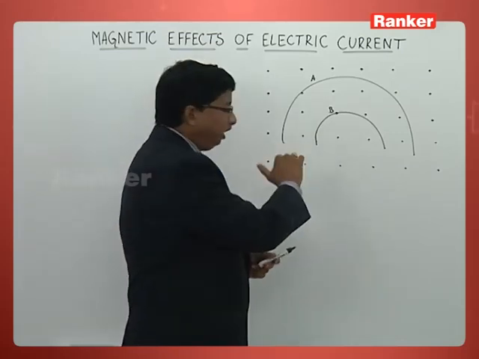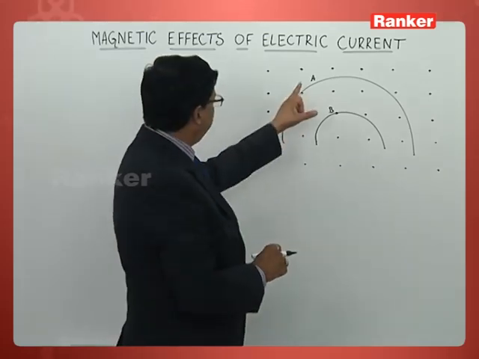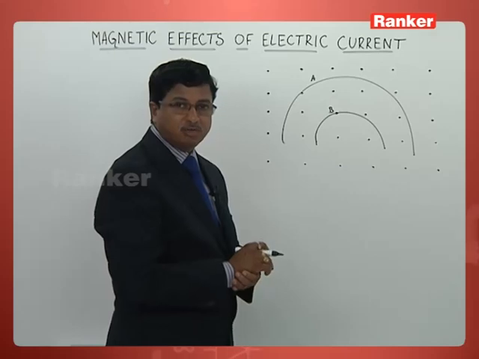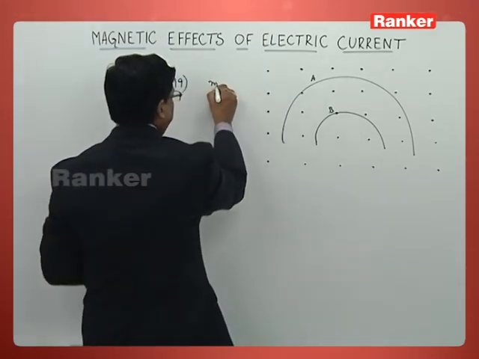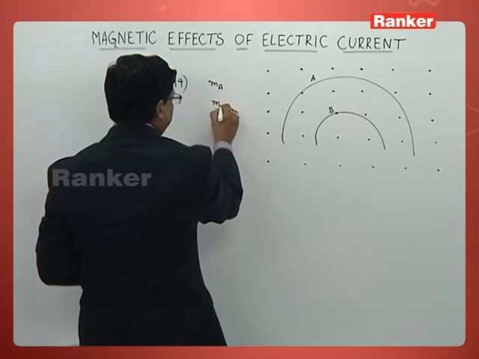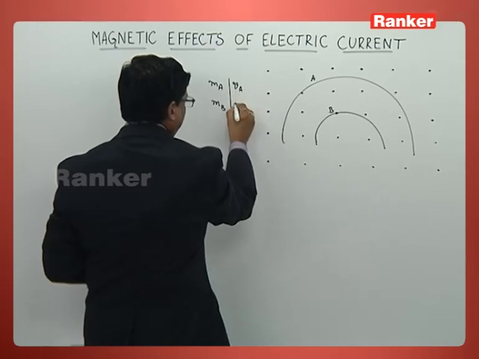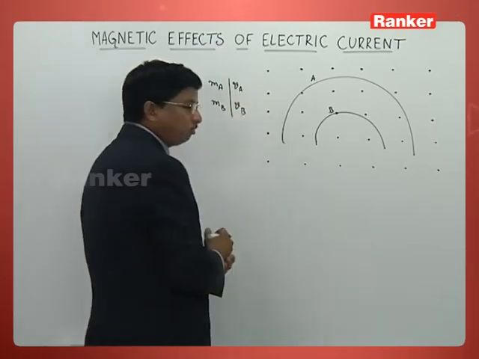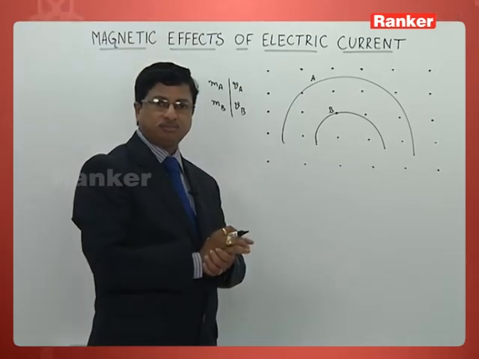Here it is normally outward, that is the concept. So this is the first one given and this one is the second one given. He said the mass of the first one as MA, mass of the second one as MB, velocity of the first one as VA and velocity of the second particle as VB. This is the data provided to us.